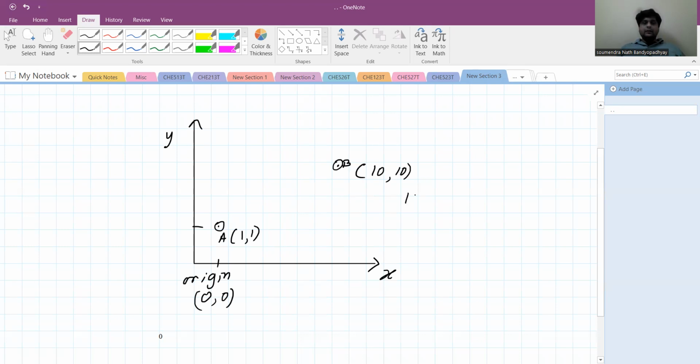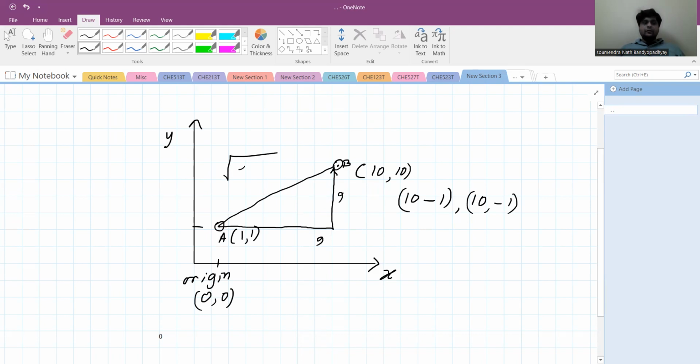I will take the difference between the 2 coordinates, right? So one has to traverse in the x direction 9 unit, and then he has to go up again 9 unit, right?